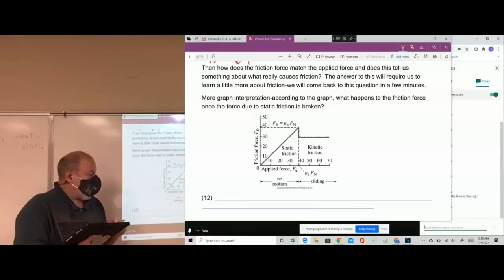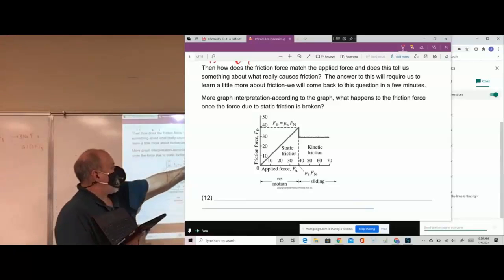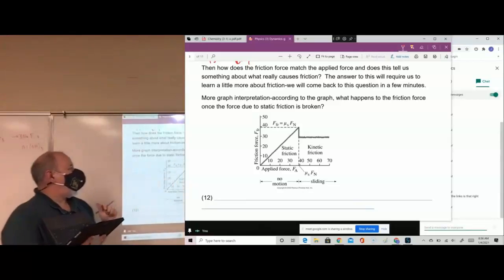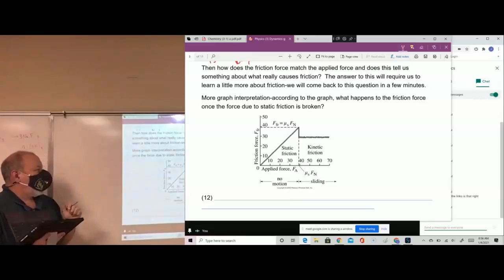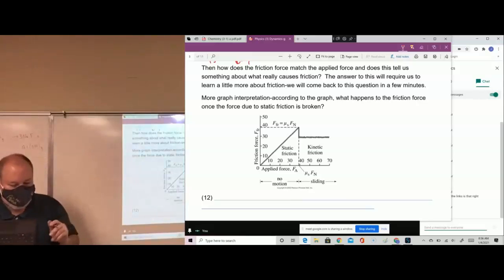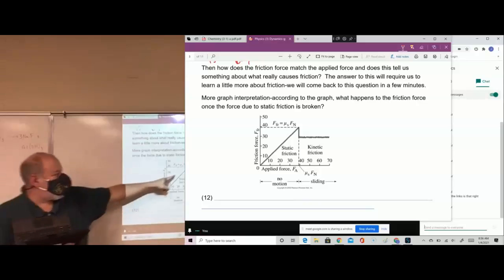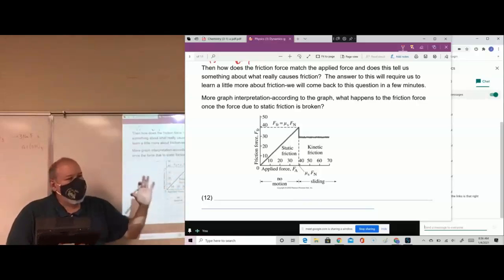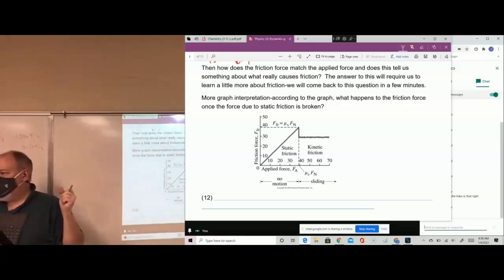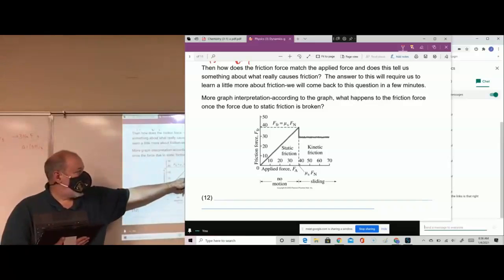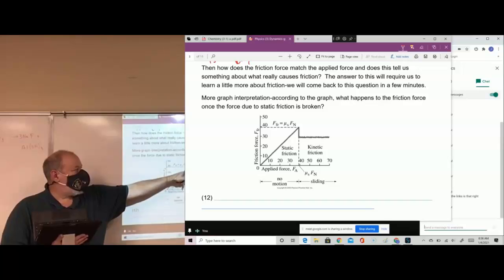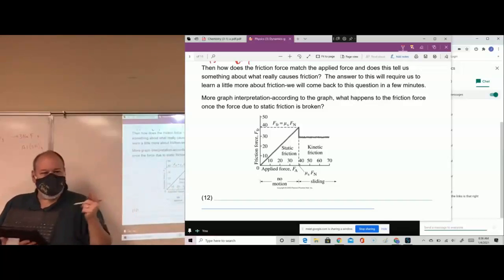A little bit more graph interpretation. According to the graph, what happens to the friction force once static friction is broken? What happens to the force due to friction once I finally break through? Stays the same. Well, what's it do first? It drops, and then it stays the same, right?